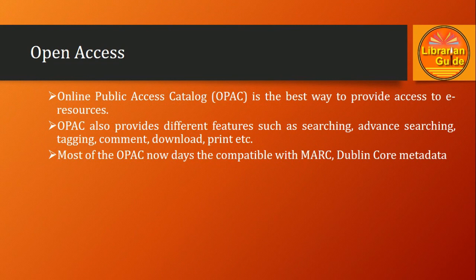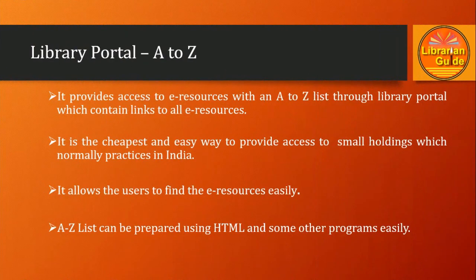The next important aspect in access is the library portal, where access can be provided with an A to Z list through the library portal, which contains links to all e-resources.